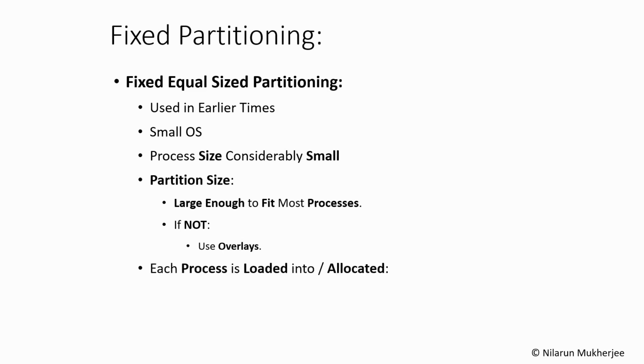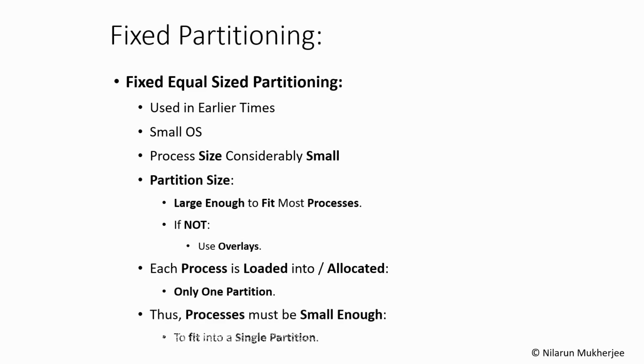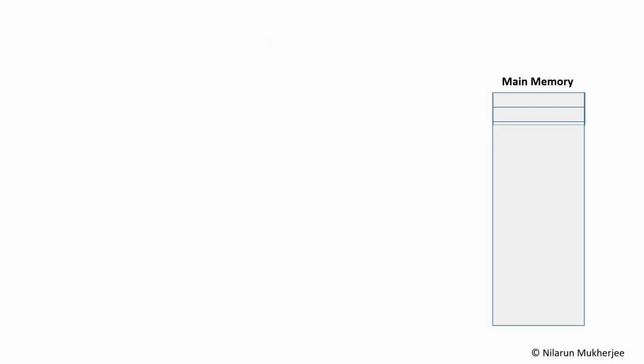Each process is loaded into, or allocated to, only one partition. Thus, a process must be small enough to fit in a single partition. In this fixed partitioning scheme, the memory is divided into equal size partitions.